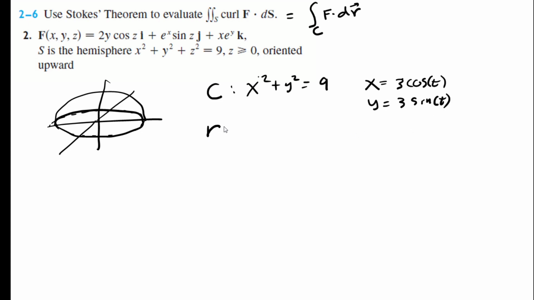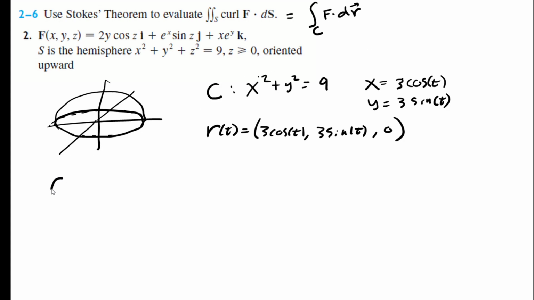So r of t is 3 cosine t, 3 sine t, and 0. The z component is 0.